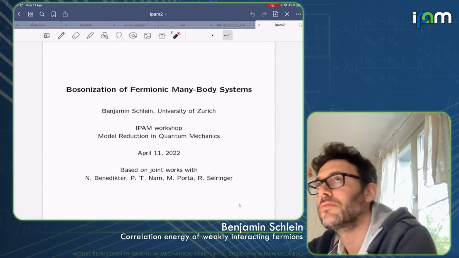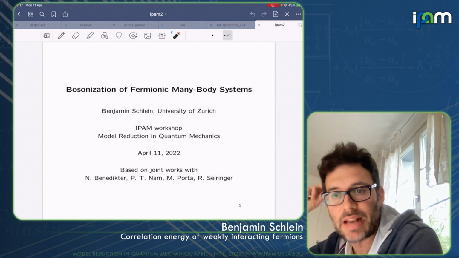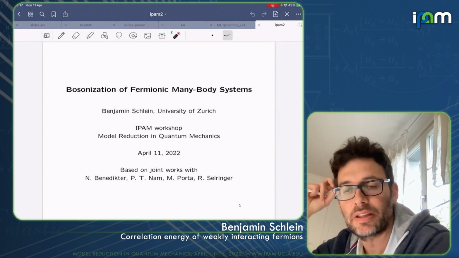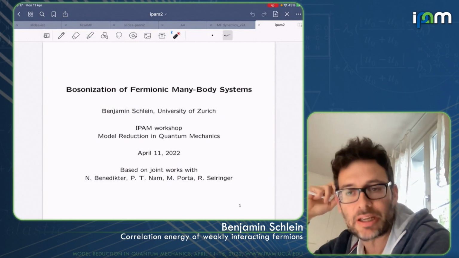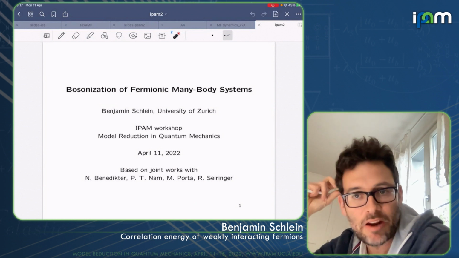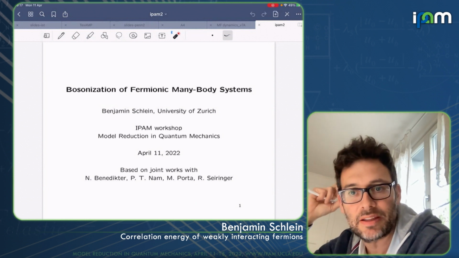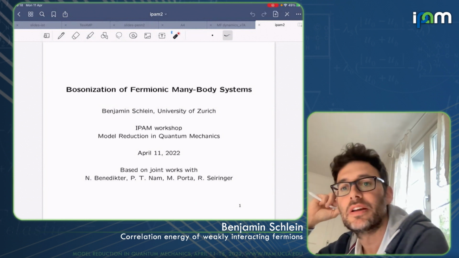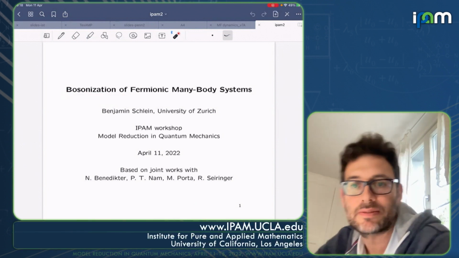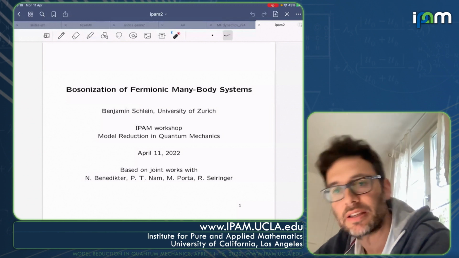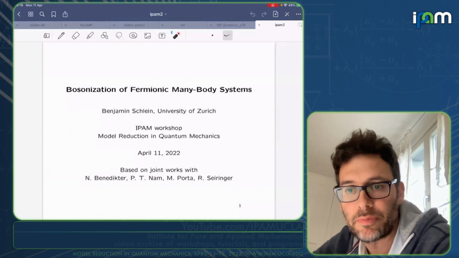And our goal was to understand the ground state energy of this system of interacting fermions, using techniques that have been developed in the last years for the understanding of bosonic systems, and using this technique of bosonization, which allowed us to apply these bosonic techniques also in the case of fermions.